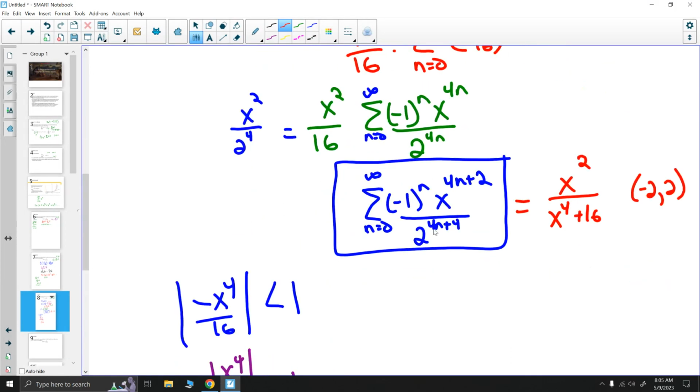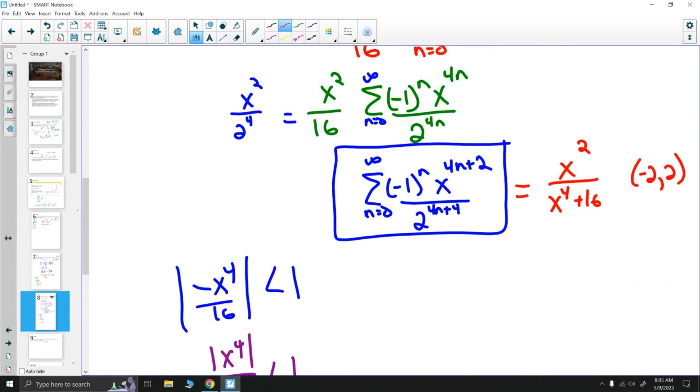Okay, so let's go ahead and take a look at it. So let's look at our series first of all. When n is 0, this would be a positive, so we know it's a positive. X squared over 2 to the fourth. Okay, minus the next one would be a negative then, it's alternating. So when n is 1, 4 plus 2 is x to the 6th over 2 to the 6th as well, or excuse me, 4 plus 4, that's 8.